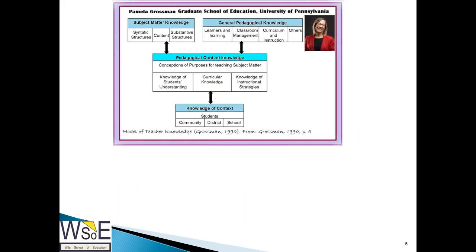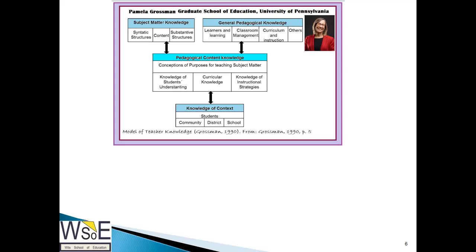Now, Pamela Grossman then came up with the first kind of model for pedagogical content knowledge. There she had her subject matter knowledge, which included basically the content, the syntactic and the substantive structures.